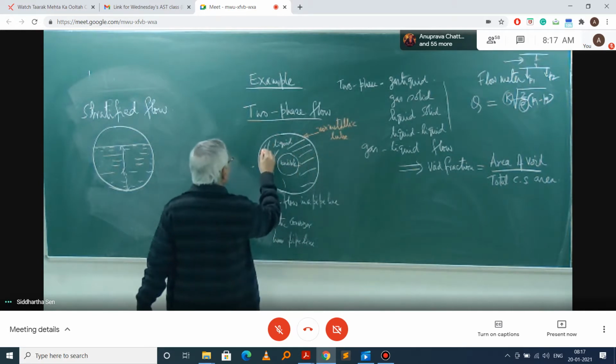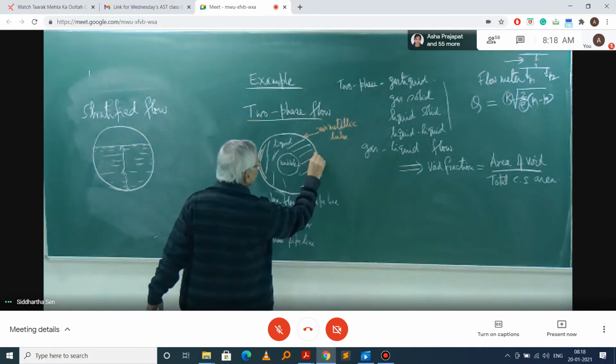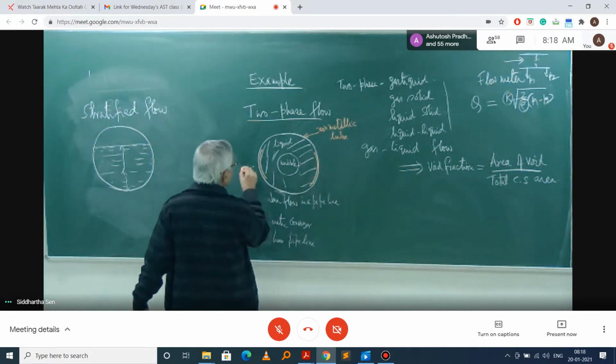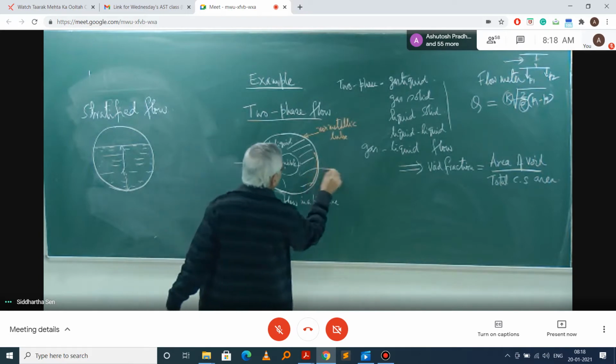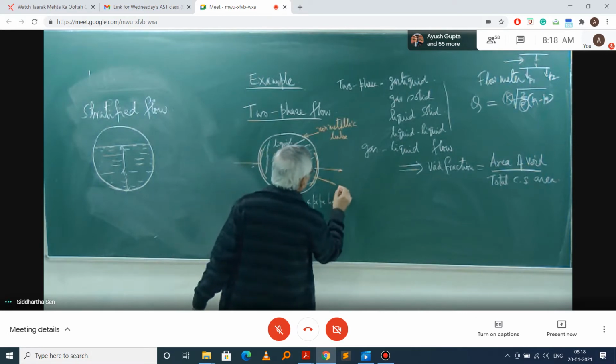But here, inside on the wall itself, we put two electrodes.